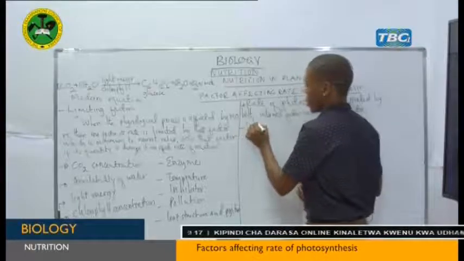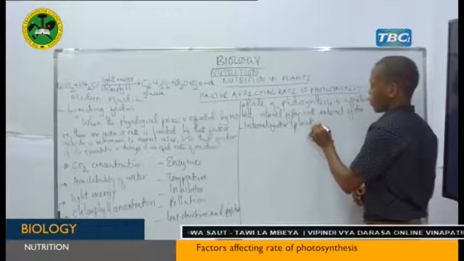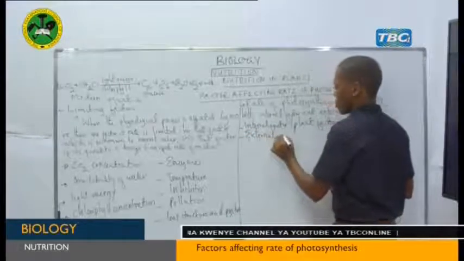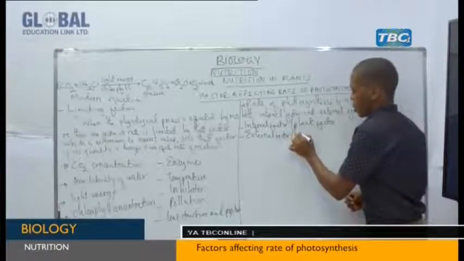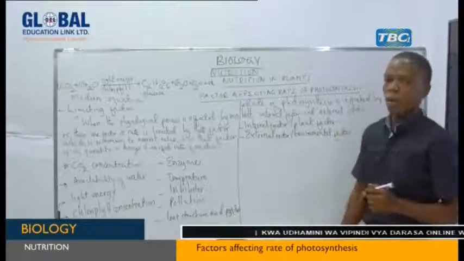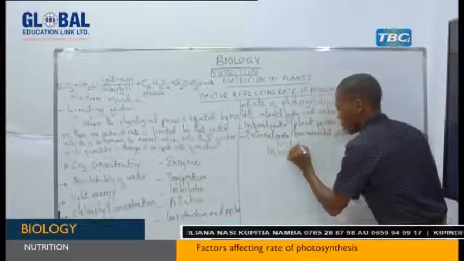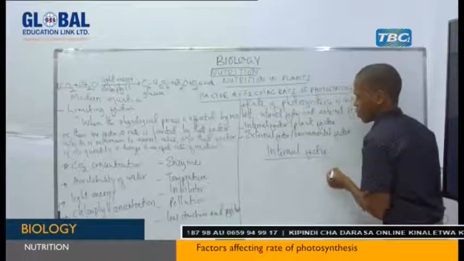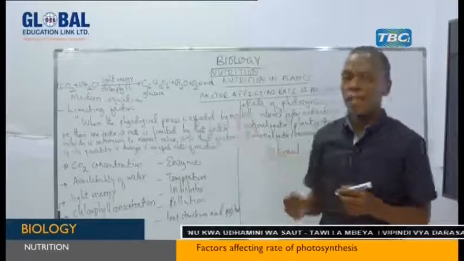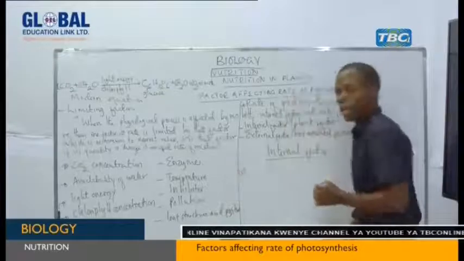This internal factor is also known as plant factor, and these external factors are known as environmental factors. Starting with the internal factors, how do they affect the rate of formation of carbohydrate, or the rate of photosynthesis? As we have said, one of the internal factors is chlorophyll concentration.